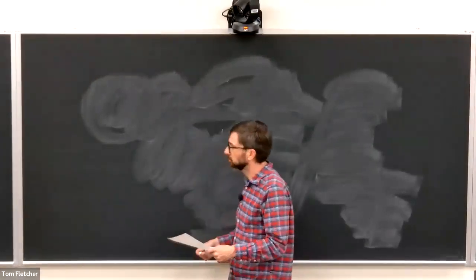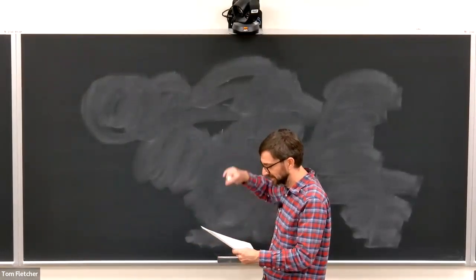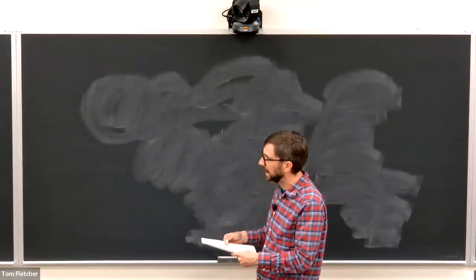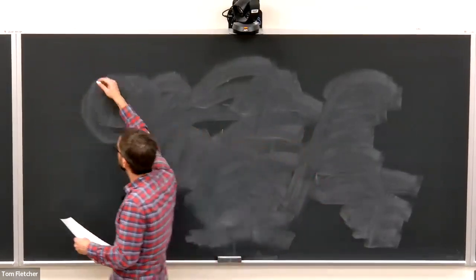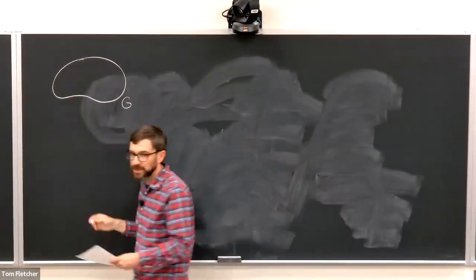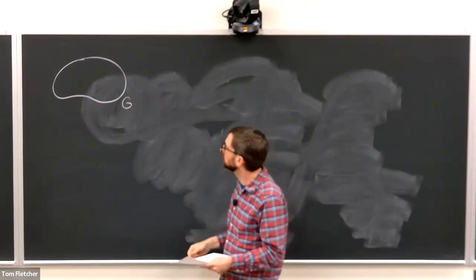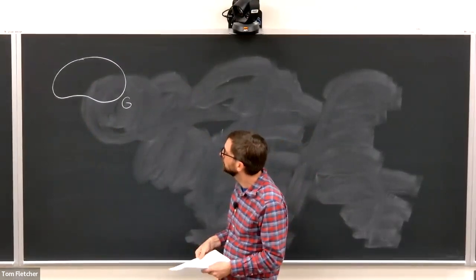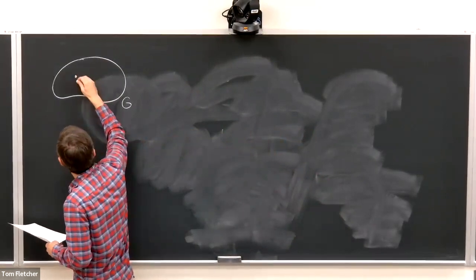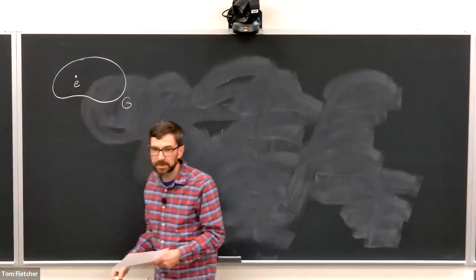I'll skip over most of the other stuff we talked about, and skip to the end of last lecture on Thursday. We had introduced this concept of one parameter subgroups. So we have a group G, which I draw as a manifold because it's a Lie group, so it's both a manifold and a group. The special point we talked about is the identity element.